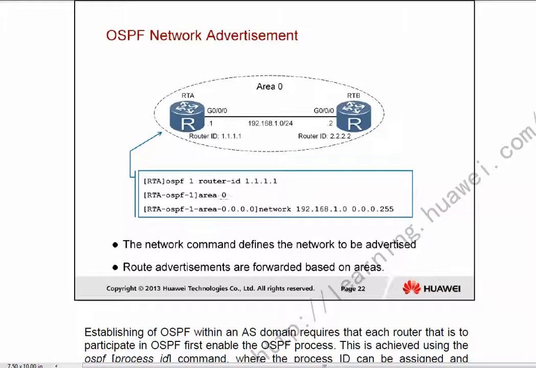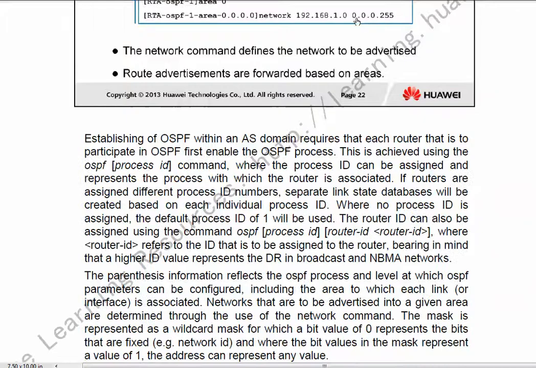You specify the area number, area 0, which is the backbone, and you use the network command to advertise the network you want to advertise. 192.168.1.0 is the network address, and 0.0.0.255 is the wildcard. The 0 bits represent the network, and the 1 bits represent the host.